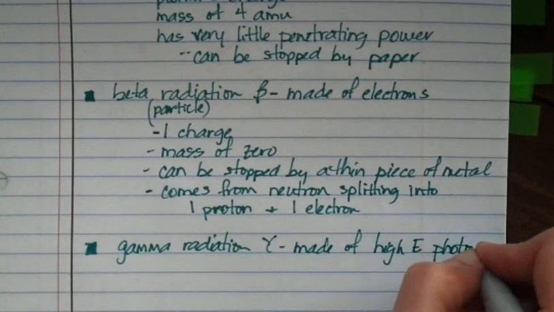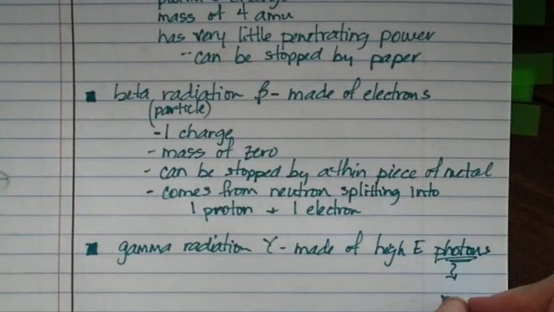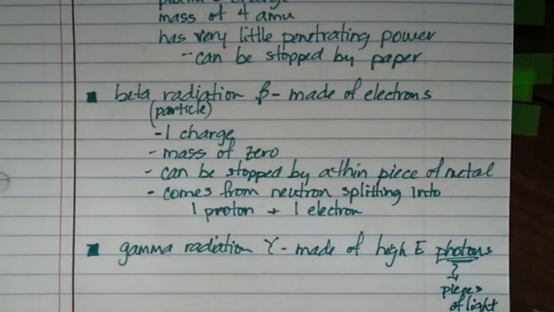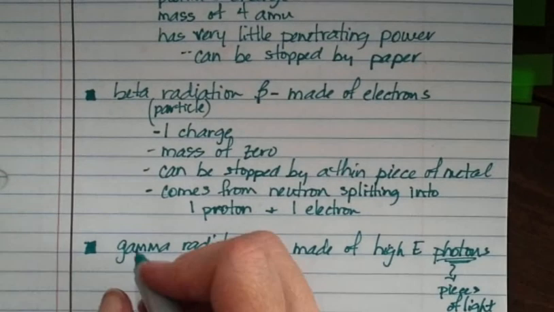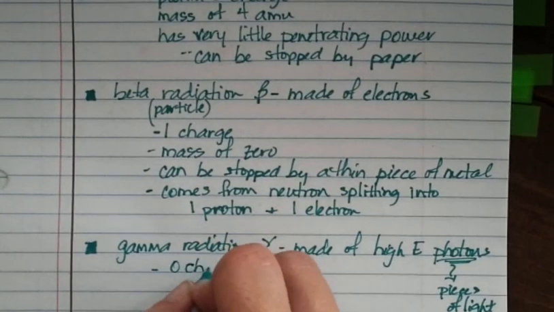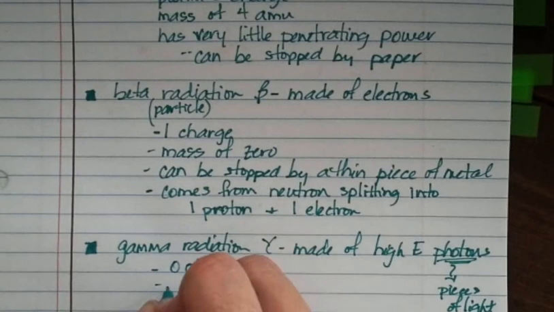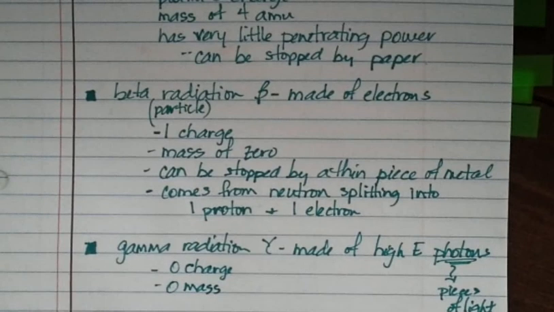Okay. You should remember this word photon. Remember we talked about little pieces of light? When we talked about the electromagnetic spectrum, you can think of that smallest packet of light that you can have. It has 0 charge, 0 mass, very high penetrating power.